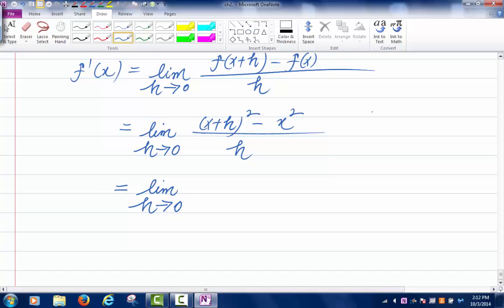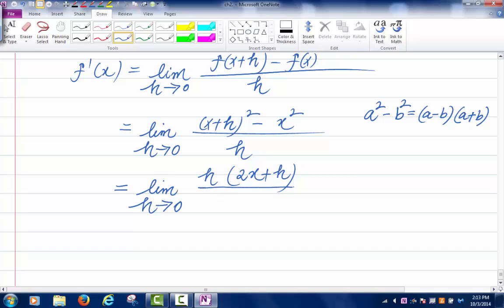It's like having a squared minus b squared there, right? So isn't that the same as a minus b times a plus b? Right? So if you factor out the numerator, what would you get? What is x plus h minus x? x plus h minus x is h, and then x plus h plus x would be 2x plus h, right? You agree with that? So this thing divided by h is what I'm going to get if I factor out.